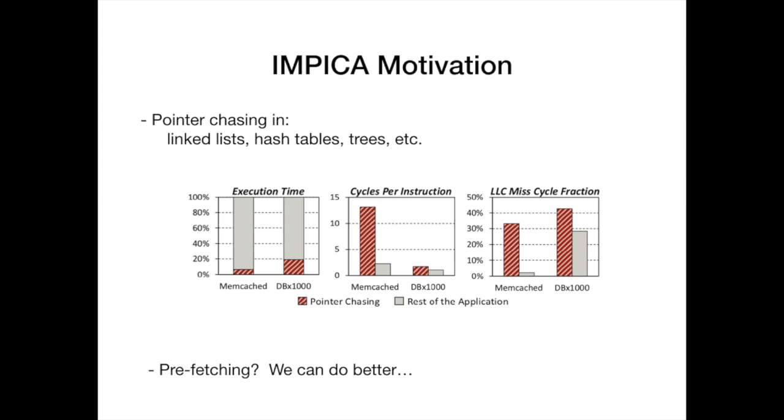In the first chart, you can see that pointer chasing accounts for a small but yet significant portion of the execution time. But in the other two charts, you can see that the cycles per instruction and the amount of cache misses is largely accounted for by the pointer chasing and not from the rest of the application.